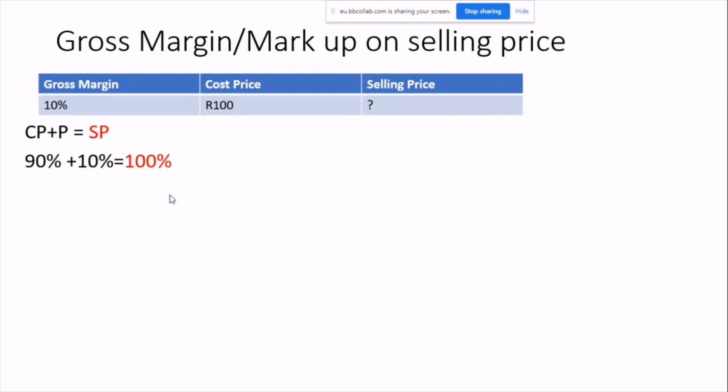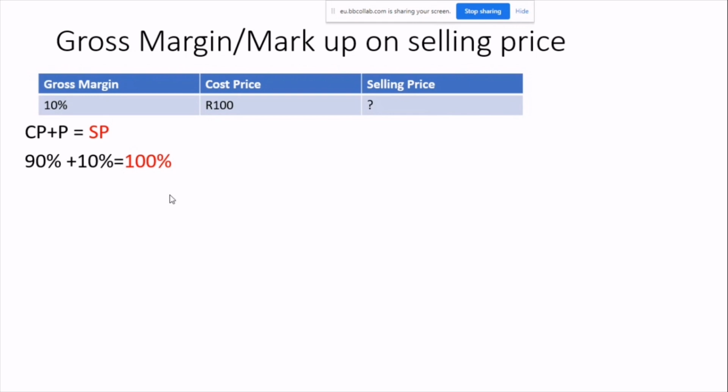Therefore, 90% plus 10% equals 100%. Our SP is 100% because it's markup on selling price, and then our profit is 10%. So it's easy to get our CP because we can easily say 100 minus 10 equals 90. So we're moving backwards. 100% is given, 10% is given. However, the 90% was not given.